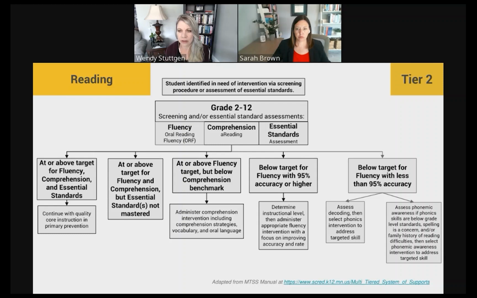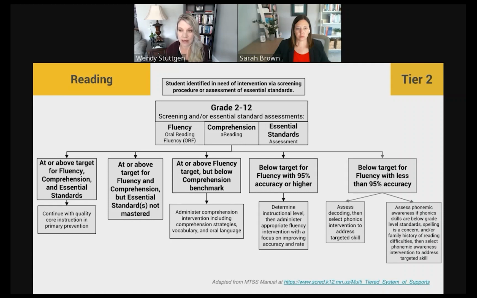In addition to our universal screening data, we also ensure that our essential summative assessment data is rigorous enough. So really looking at, here's what our universal screening data is telling us. It should align with what our essential summative assessment data is. So if by winter, 80% of our students are passing the grade level essential standard assessments, we would expect similar results on our screening data.